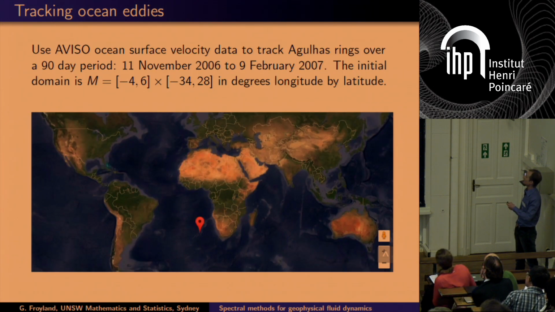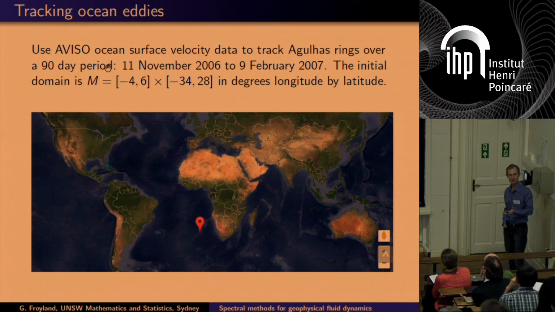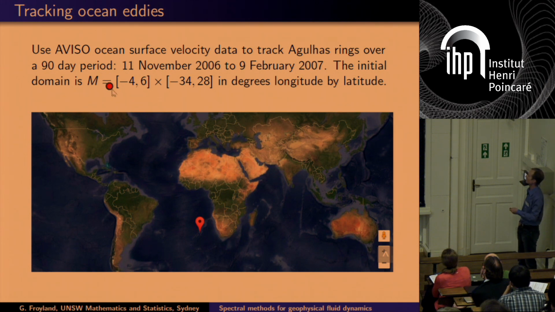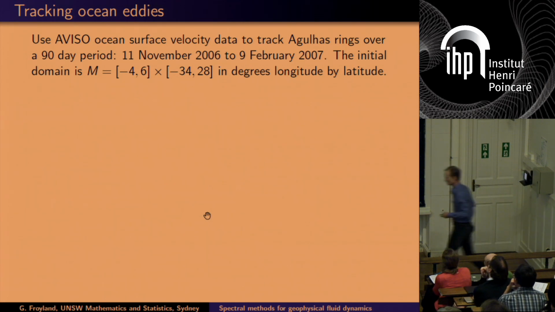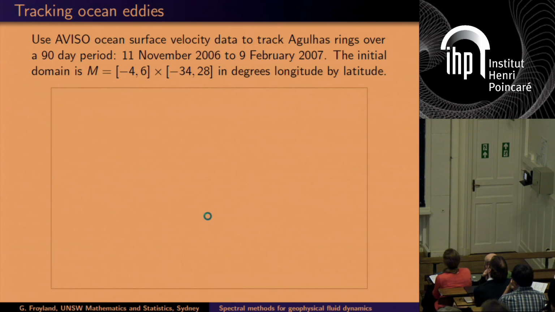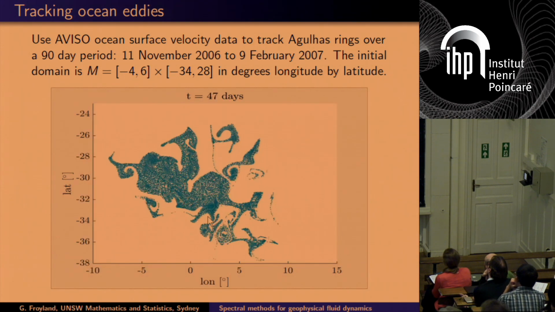Okay, so the experiment I'm going to show you is using satellite altimetry. So the satellite records sea surface height. The sea surface height is interpreted in a geostrophic way to derive a velocity field. And we are going to analyze a small rectangle centered on this pin. The data that we use looks like this.